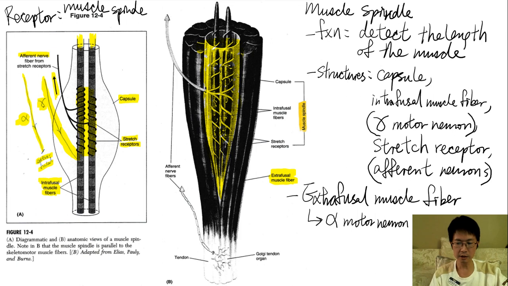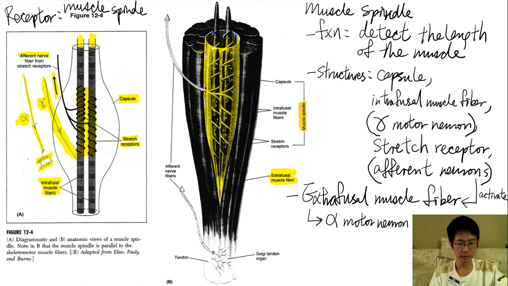The afferent neuron can actually activate the extrafusal muscle fiber. How? I'll show you in the next few slides. When we talk about the stretch reflex, you will see how the afferent neuron activates the extrafusal muscle fiber.